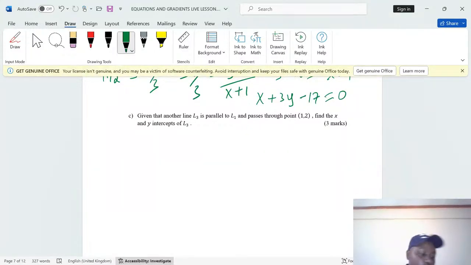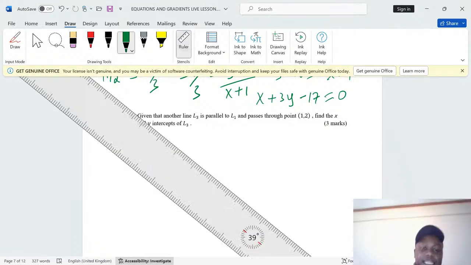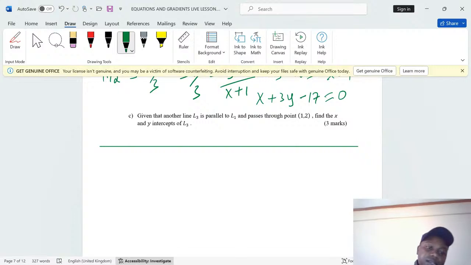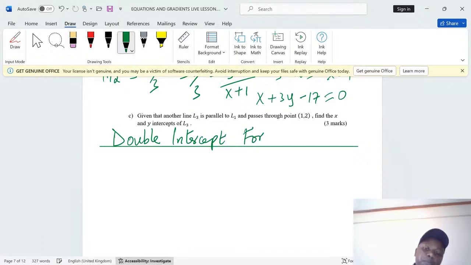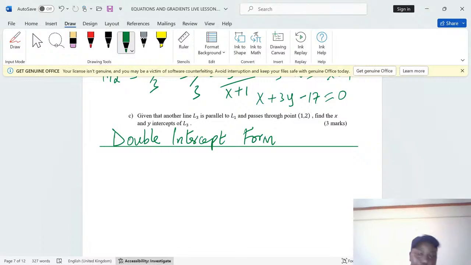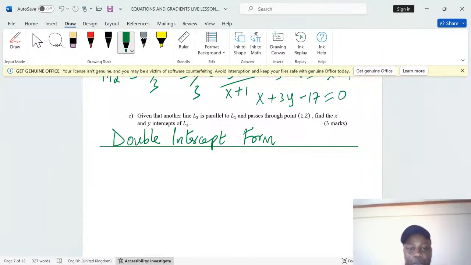I will also take this opportunity to teach what we call the double intercept form, something which has been asked by a student here. Because a student has asked, I'm going to answer the student at this point now.